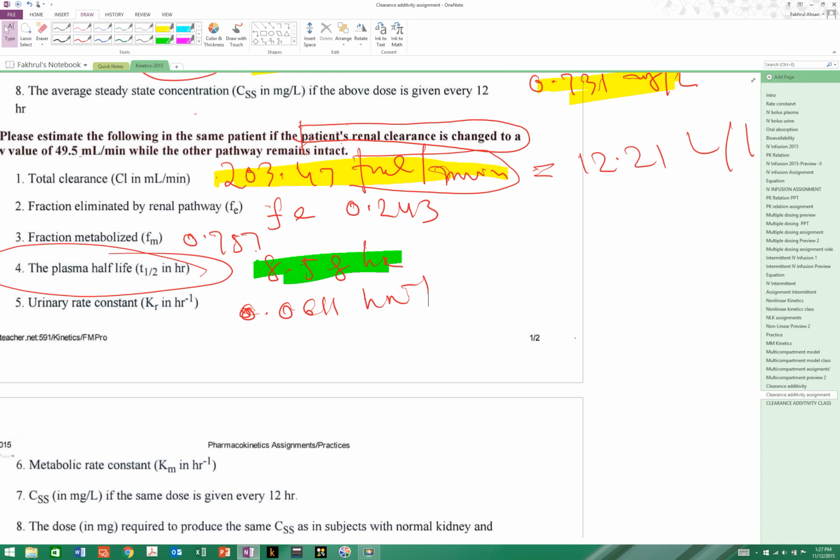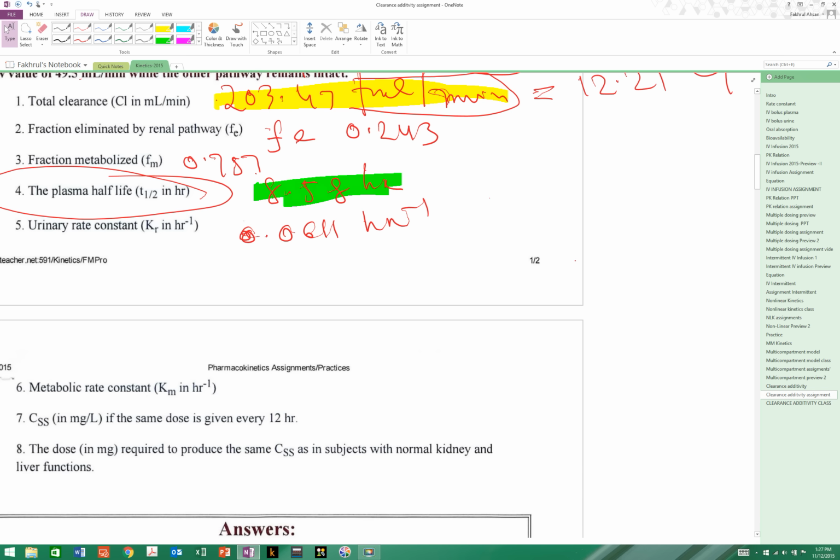As you know for the urinary rate constant, you always have to go back to the note to do this calculation, that Kr is equal to K times Fe. The same is true for Km. And then you have to calculate the metabolic rate constant. How do we calculate it?